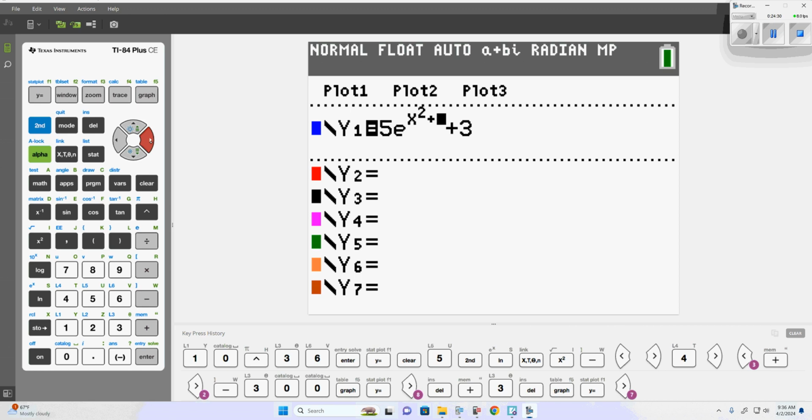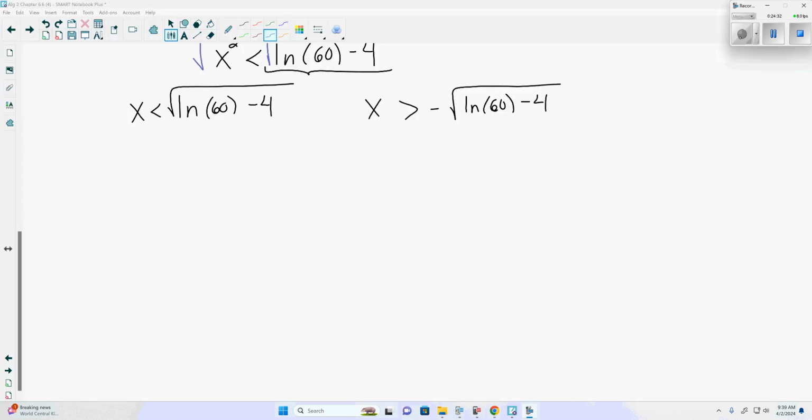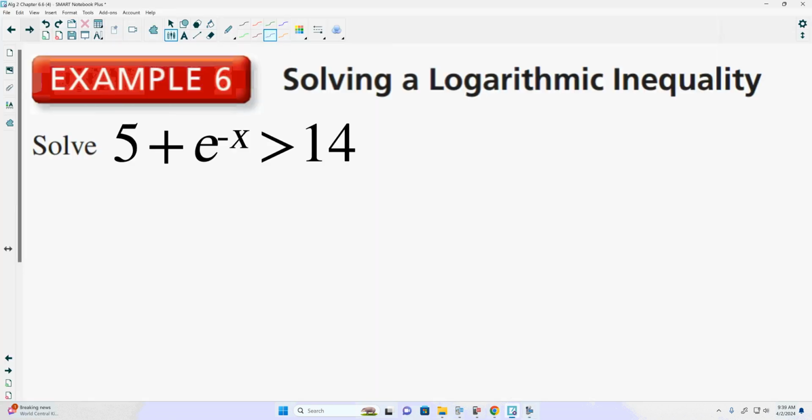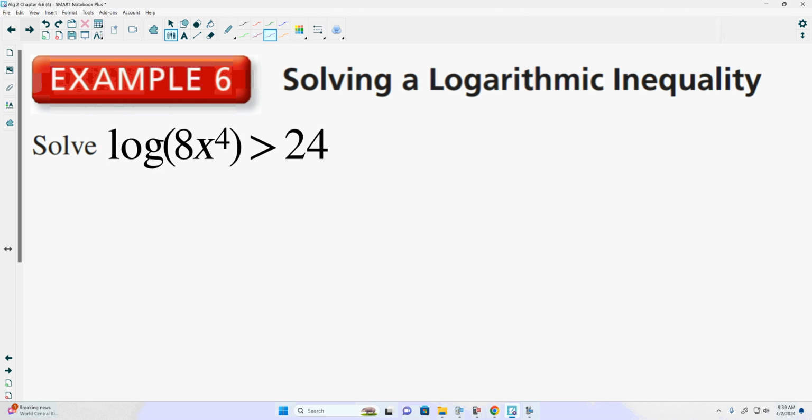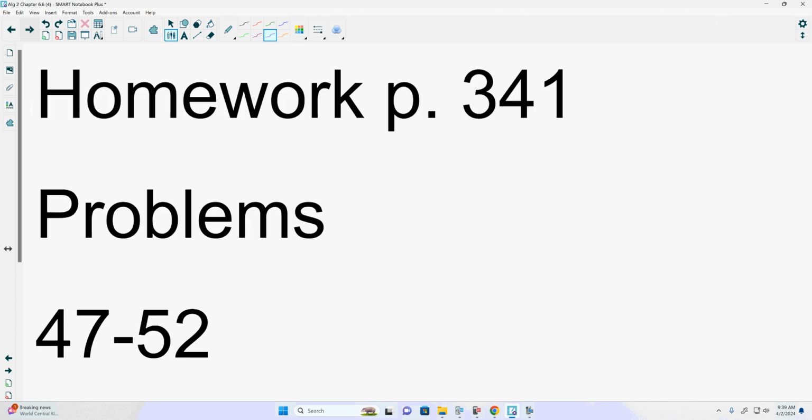Beside the point of what the graph looks like, that's actually it. That little bit with looking at the graph was more of a tangent.